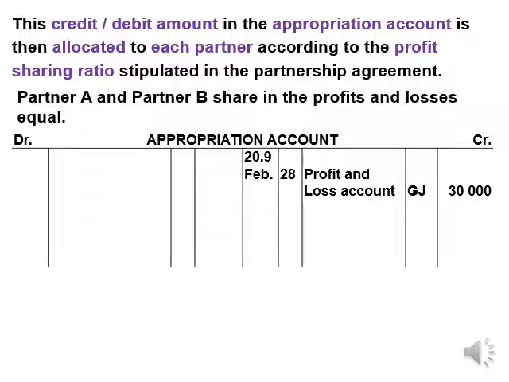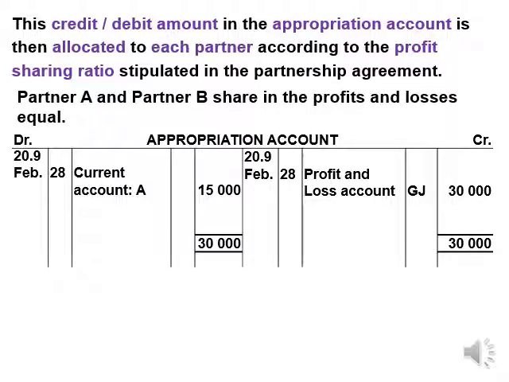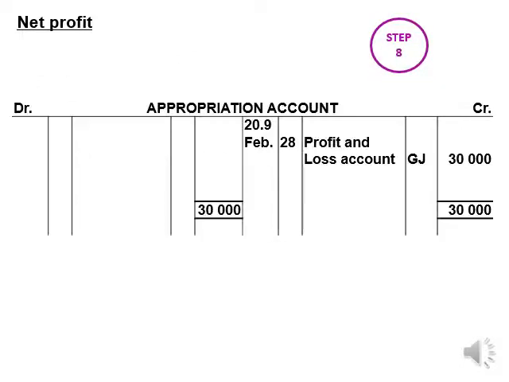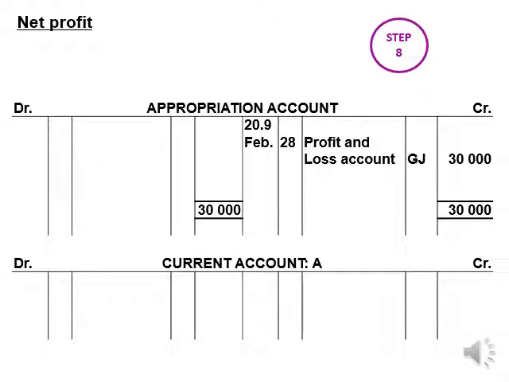They share it half-half. That now means we will debit the appropriation account with the current account A 15 and current account B 15. And each account will then be credited. So from the appropriation account, we will transfer each share of the net profit to each partner.